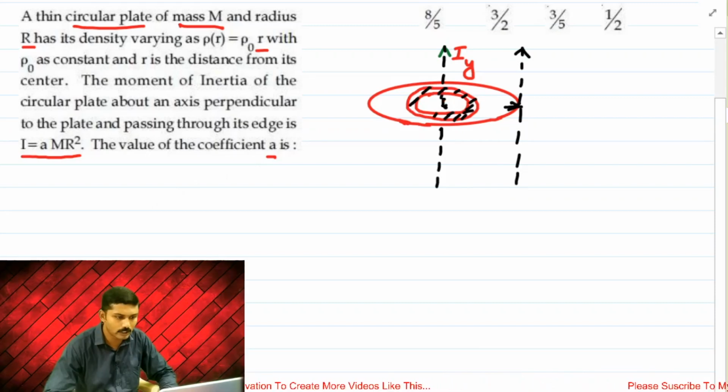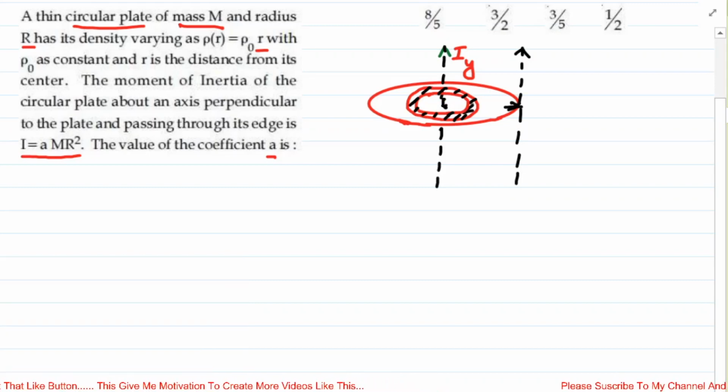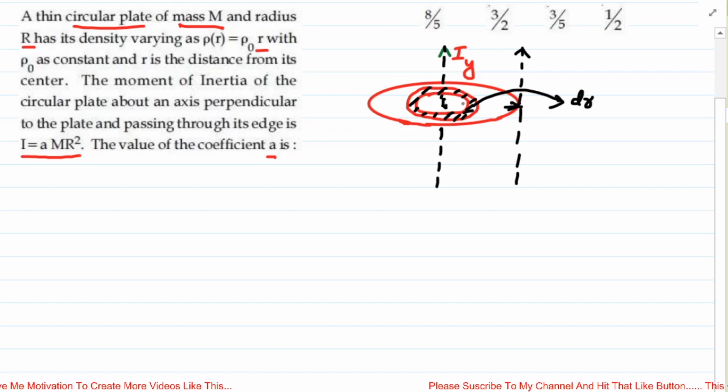If I put in some attributes for this particular area, I can say that the thickness of this can be written as a small value of r, which we call dr. The thickness is dr, and the distance of the small portion of the disk from the axis of rotation, let's imagine that value is small letter r.